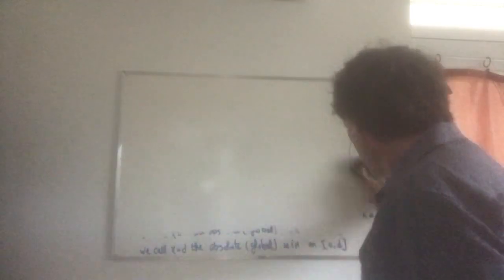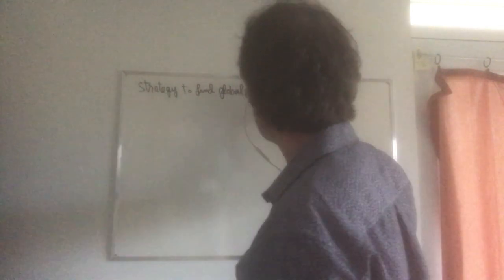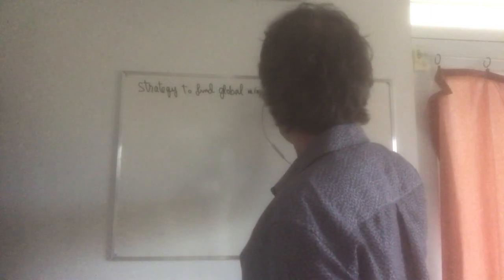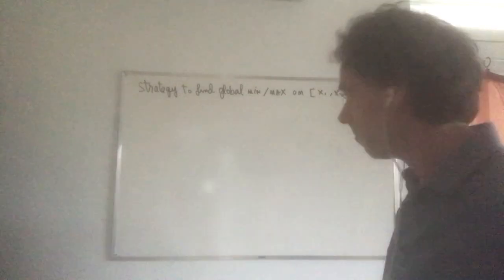But before, perhaps we should summarize the method, the strategy to find the global min and the global max, also known as absolute min and max, on some sort of interval, let's just call it x1, x2 for lack of better terminology.